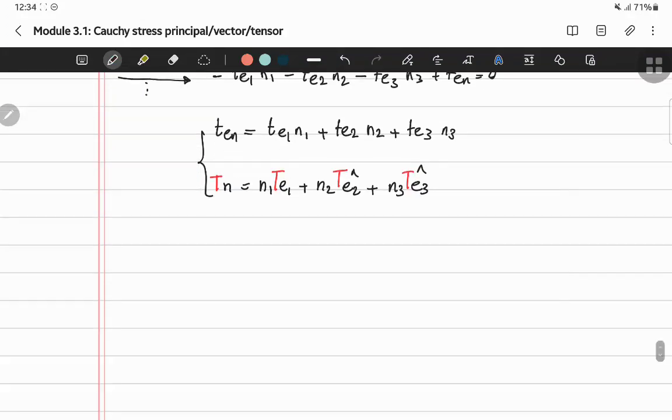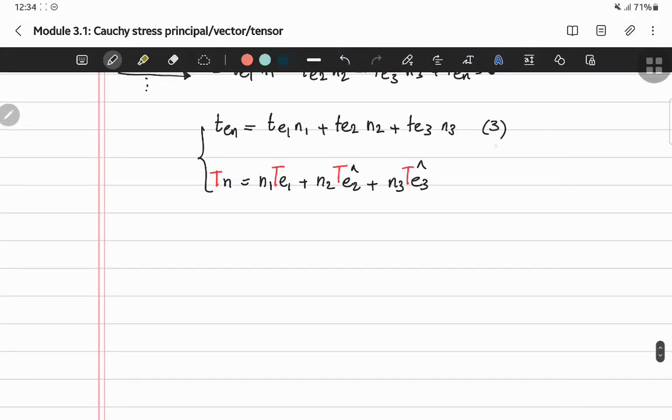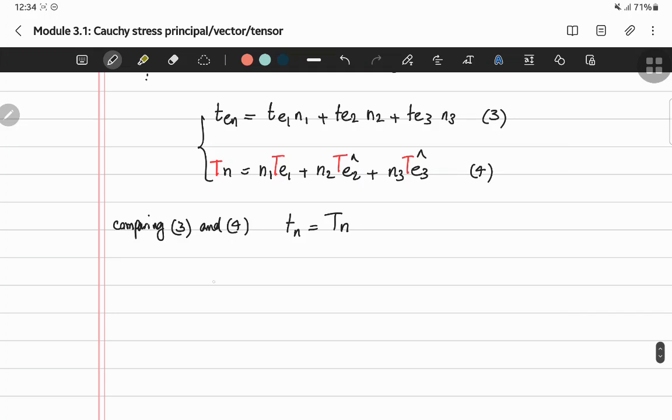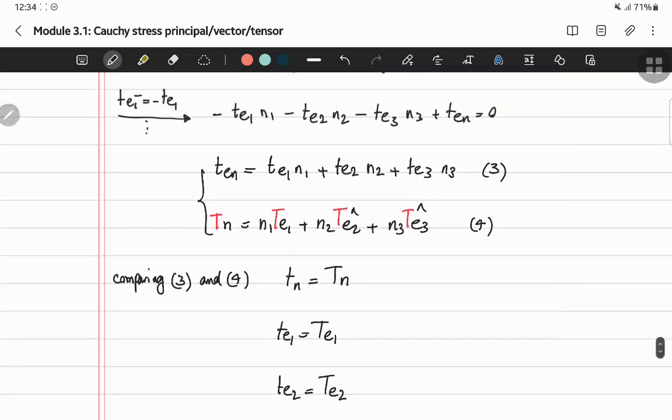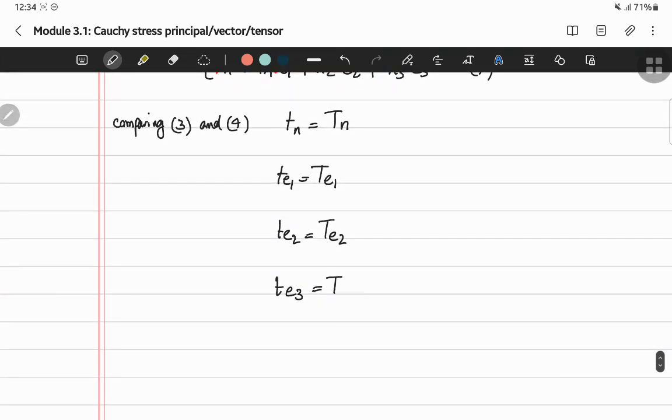So if I compare these two together, we get ten, or simply tn, is equal to this, and also te1 is equal to te1, te2 is equal to te2, and te3 is equal to te3.